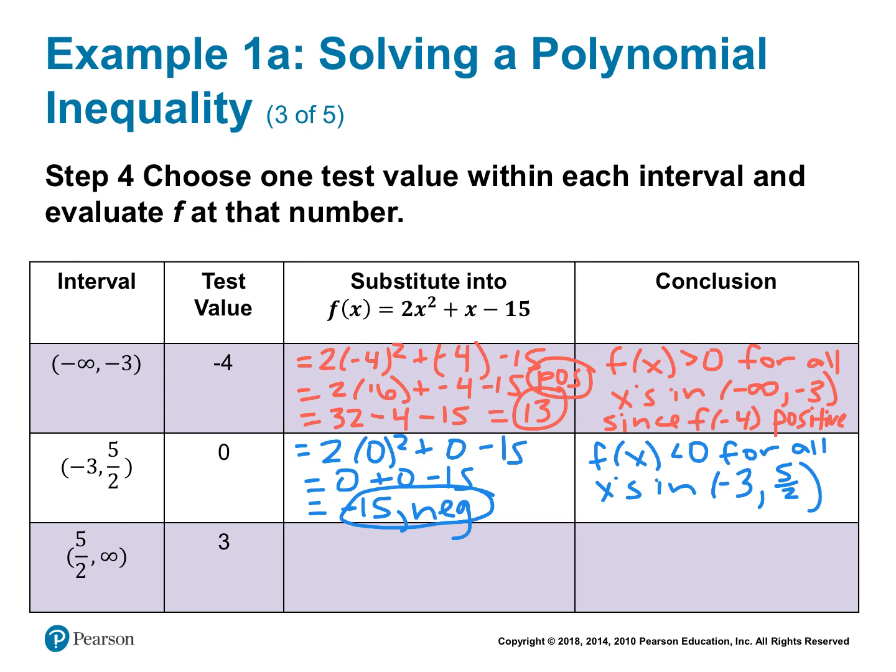And one more. Let's do the interval between 2.5 to infinity. 3 would be an easy one to try. Replace the x with 3. You get 2 times 9 is 18, plus 3 minus 15. So that'd be 21 minus 15, which is 6, which is a positive number.